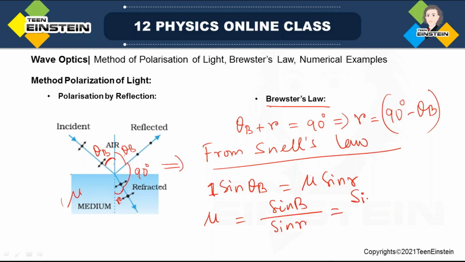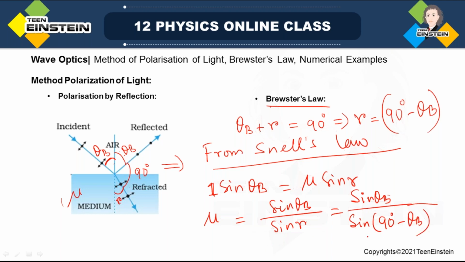Look, I have already got a relation between theta b and r. Sine theta b as it is, and sine r means sine of 90 degrees minus theta b.